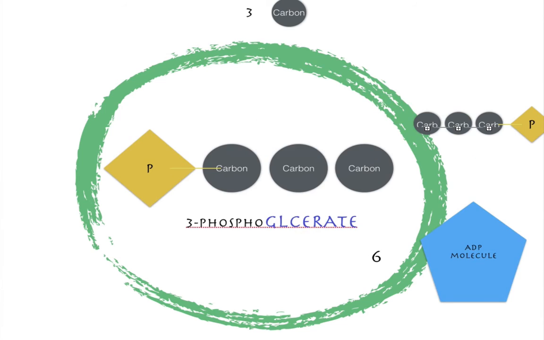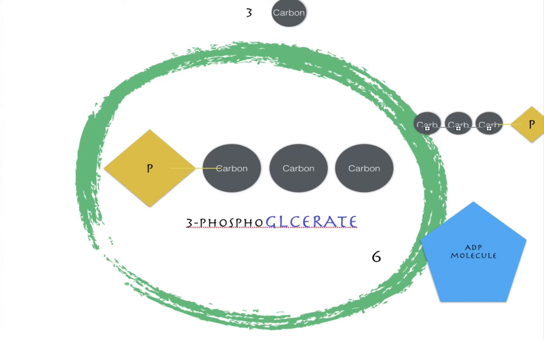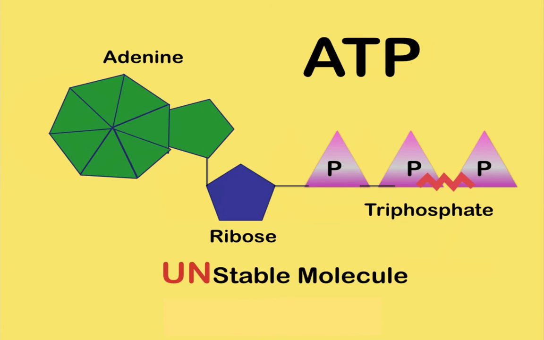It breaks it apart and makes 3-phosphoglycerate and an ADP molecule. So notice again, from ATP, it loses its energy, and then it turns into ADP. So energy transfer, again, our main energy transfer molecule in photosynthesis. So from ADP, diphosphate, to our triphosphate.